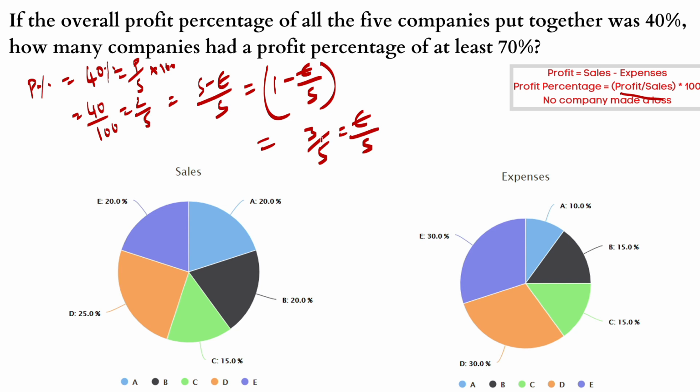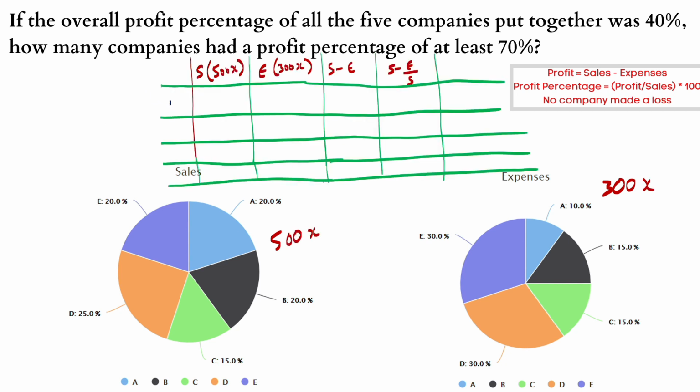Which means the ratio of expenses to sales is 3:5. So we can say that the expenses are 3x and the sales are 5x. But for our calculation purposes, we will take this one as 300 and this one as 500.